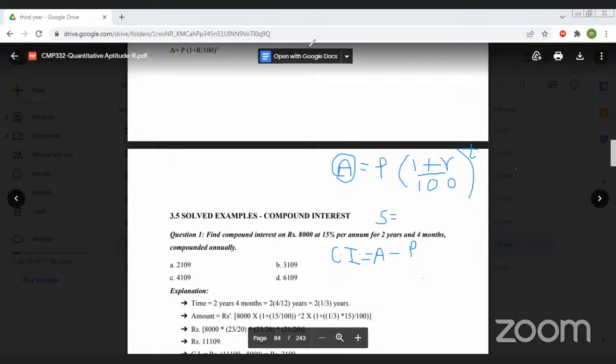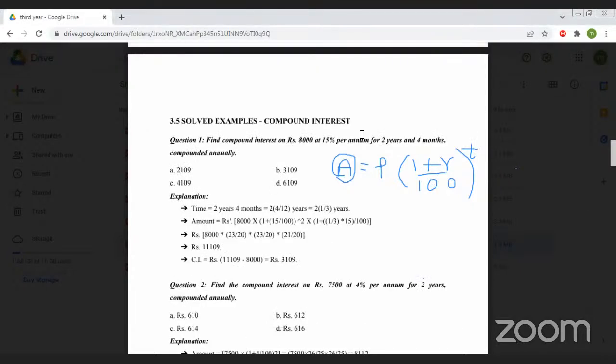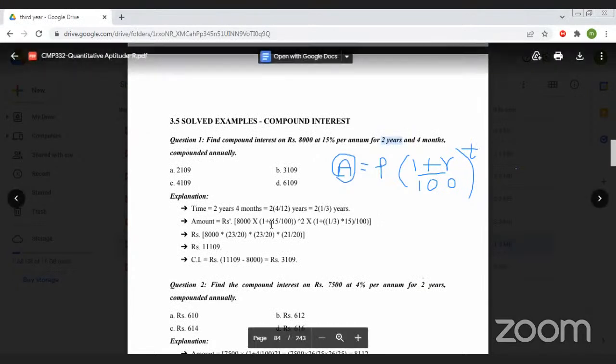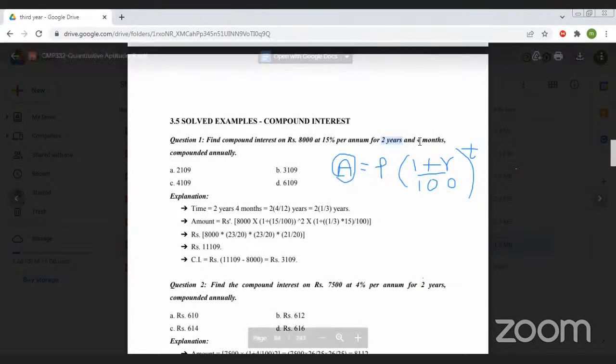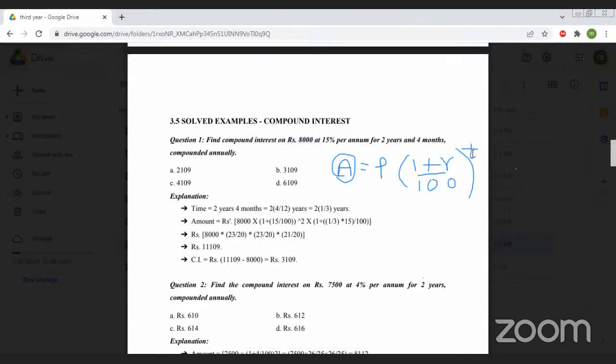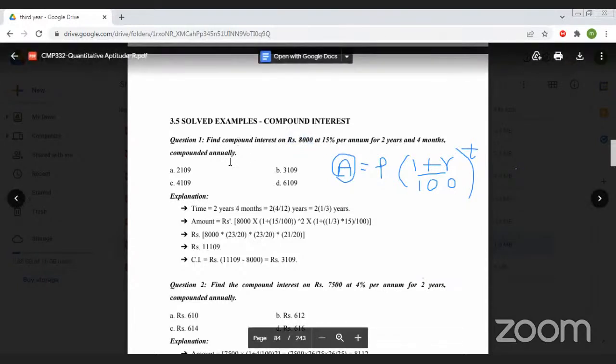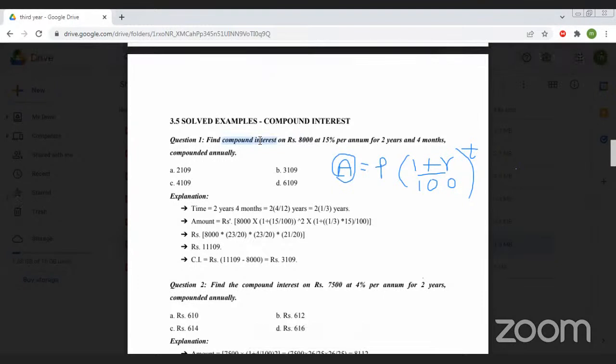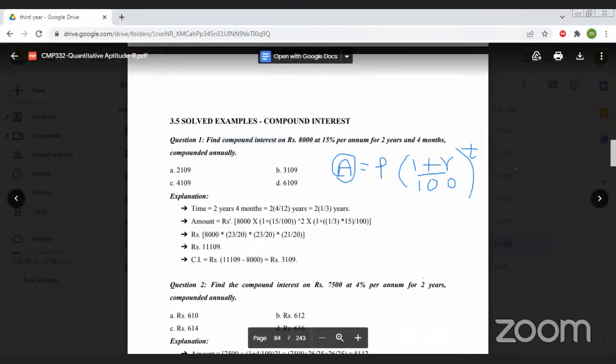So what is the compound interest now? Let's substitute it over here. Your R value is 15, your P value is 8,000, and T is 2 and 1/3. What you have to find is the compound interest, so you need to find this part.